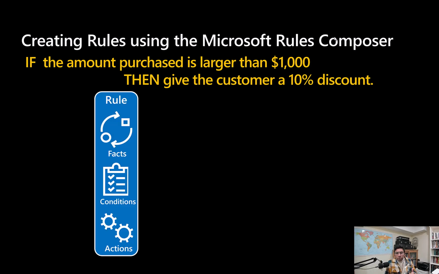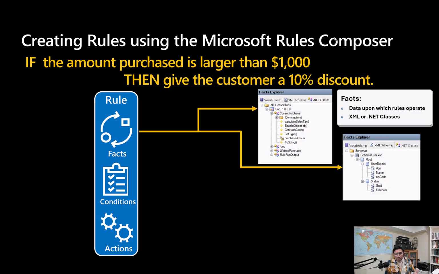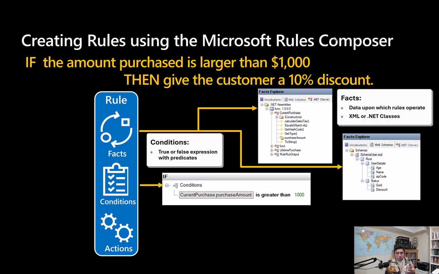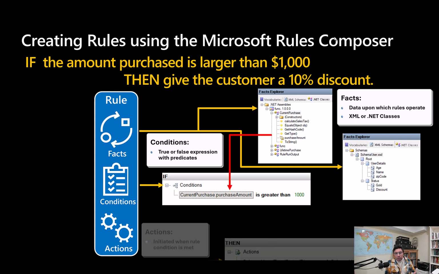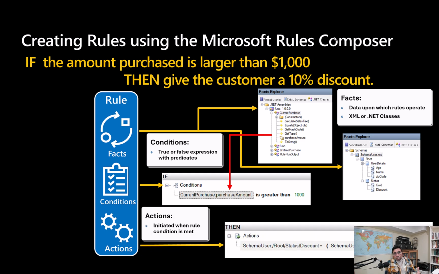A rule has three elements. It has facts, conditions, and actions. Facts, data. Conditions can be true or false expressions with predicates. These predicates can be larger than, equals, and many others. And actions that are basically initiated when a rule condition is met.